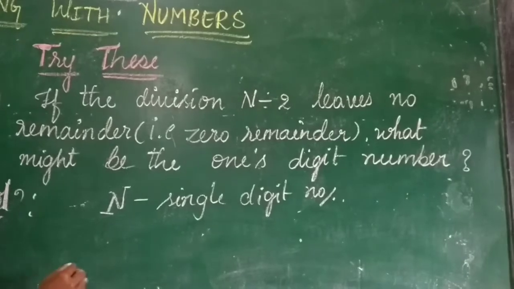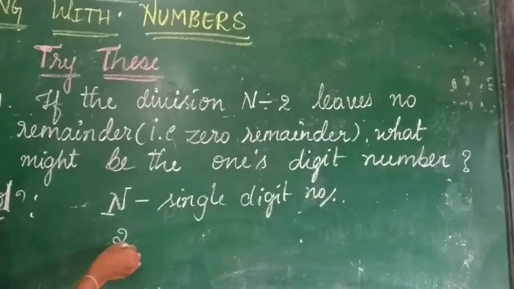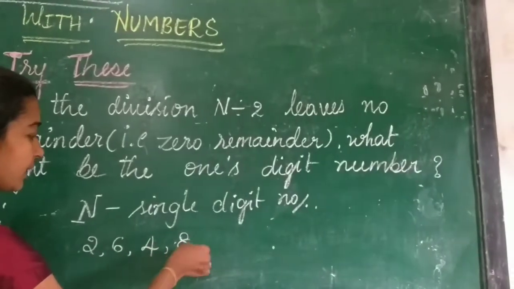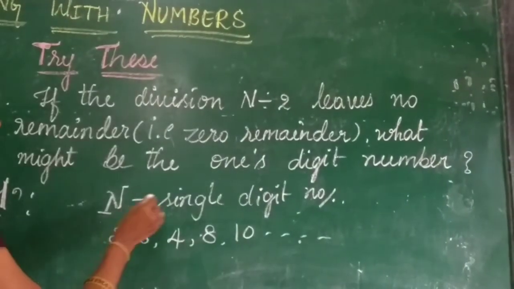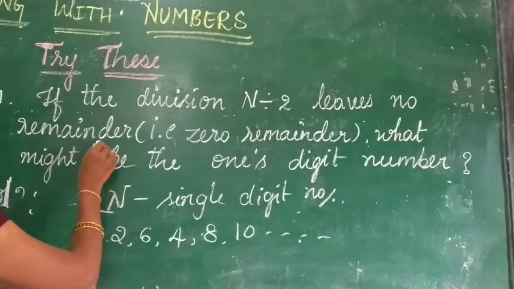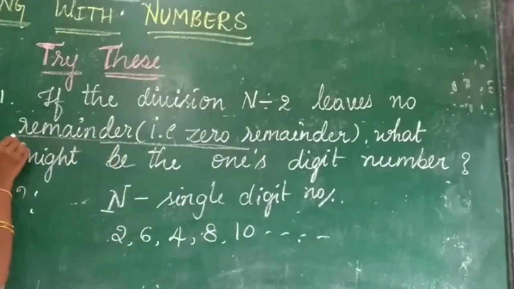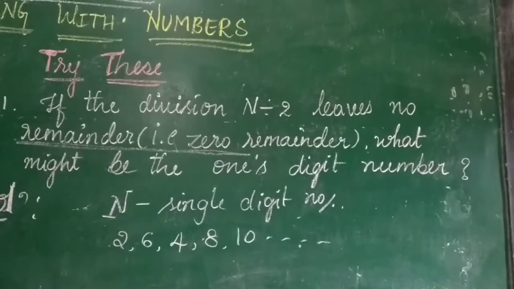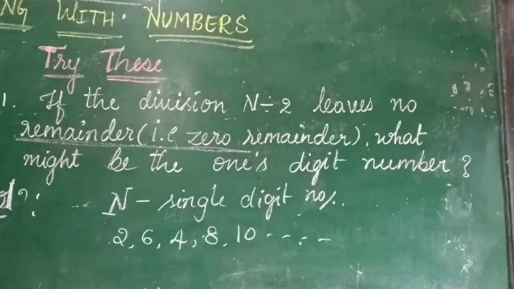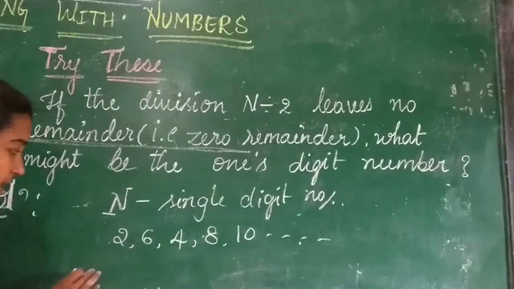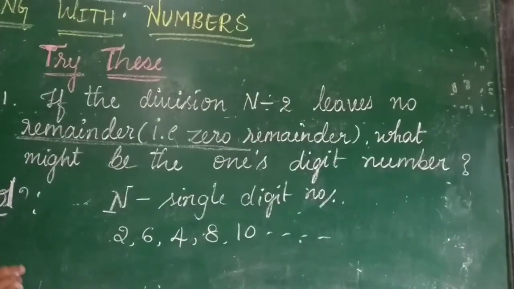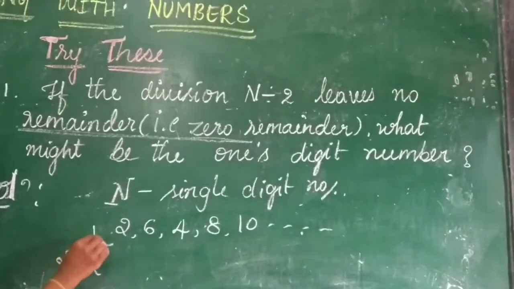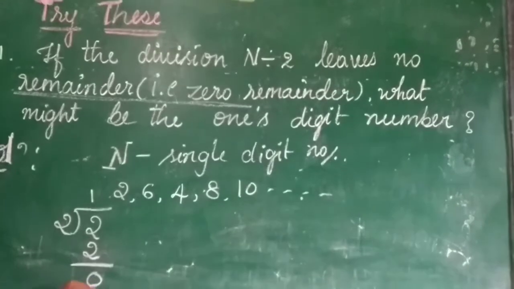Now let us take multiples of 2: 2, 4, 6, 8, 10. n stands for a single digit and it leaves no remainder. Observe here the remainder is 0. See children here, 2 divided by 2 leaves 0 remainder.